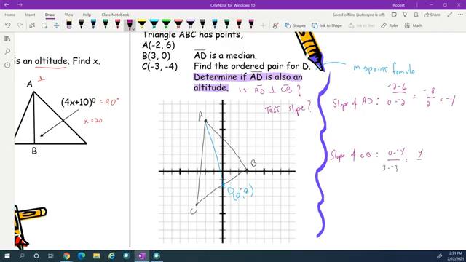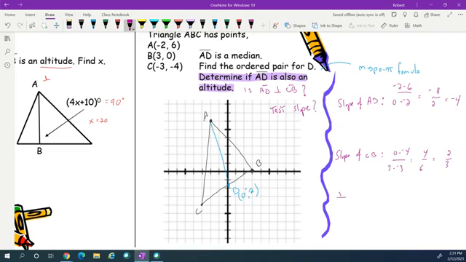It looks like 4 over 6 for 2/3. Perpendicular is when they have opposite reciprocal slopes. So this is not true. Not perpendicular. Not an altitude.